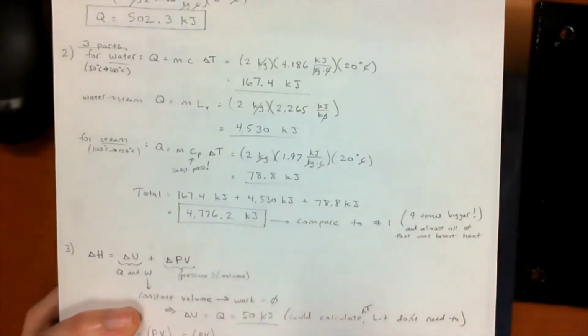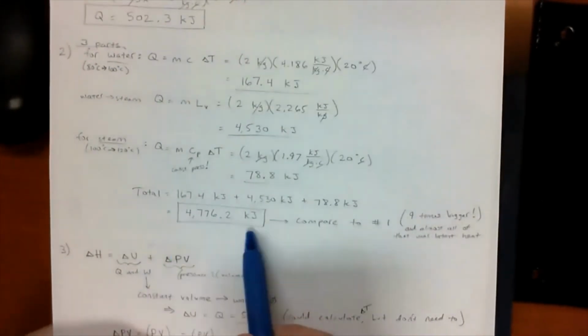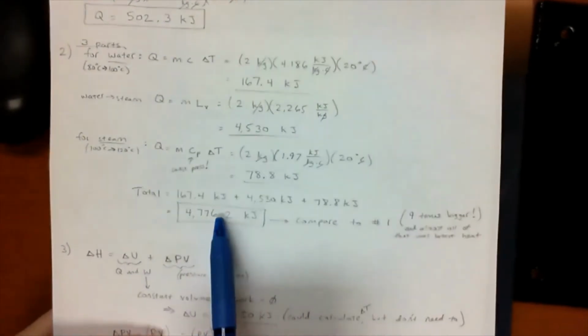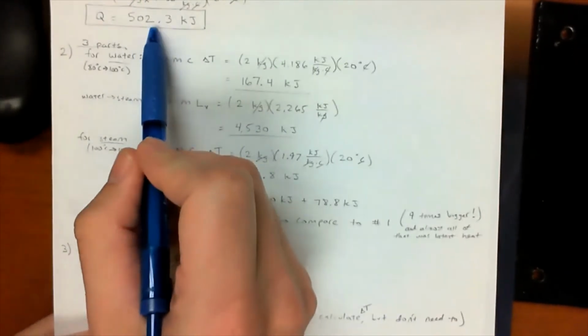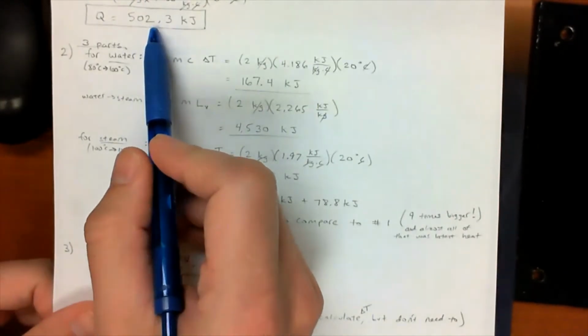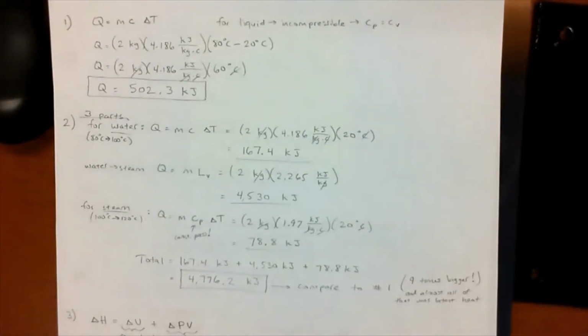So I want to just step back for just a quick second and look at how much energy it took to get from 80 degrees Celsius water to 120 degrees Celsius steam. That is a lot of energy. Check that out in comparison to the answer to part 1. In part 1, we were actually increasing the temperature more. We were taking water at 20 degrees Celsius, cold water, and turning it into hot water at 80 degrees Celsius.